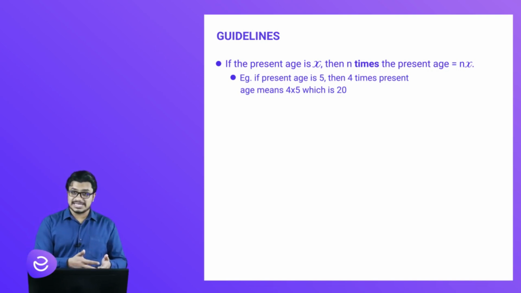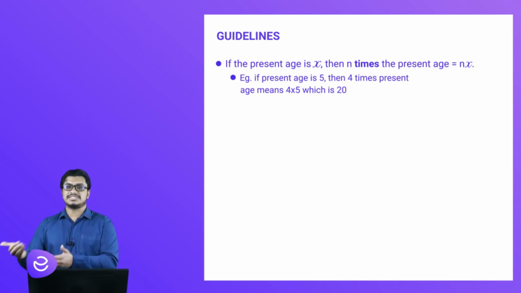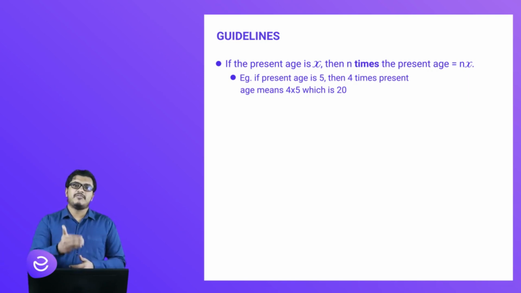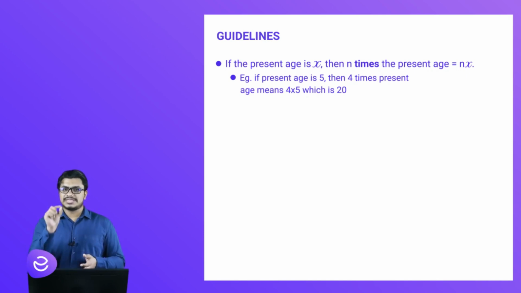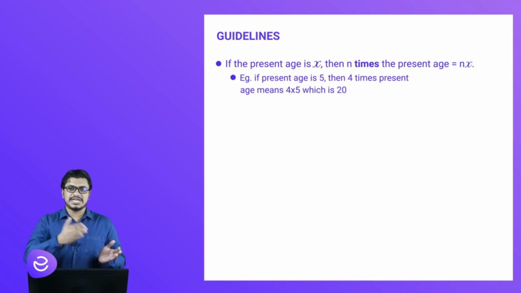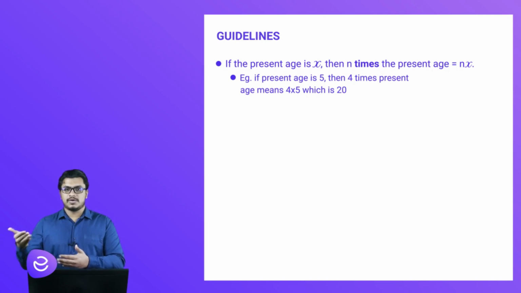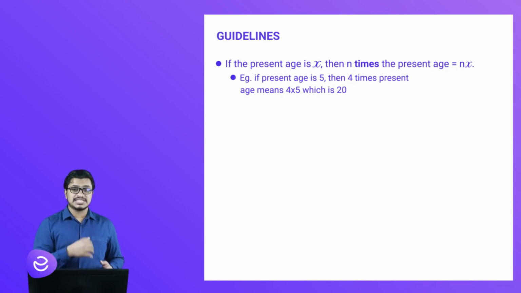For example, if the present age is 5, and the question says 4 times the present age, we take 4 into 5, which is 20. If the present age is x, then 4 times the present age is 4x. So keep in mind that if the word times comes in an age difference question, it means multiplication.